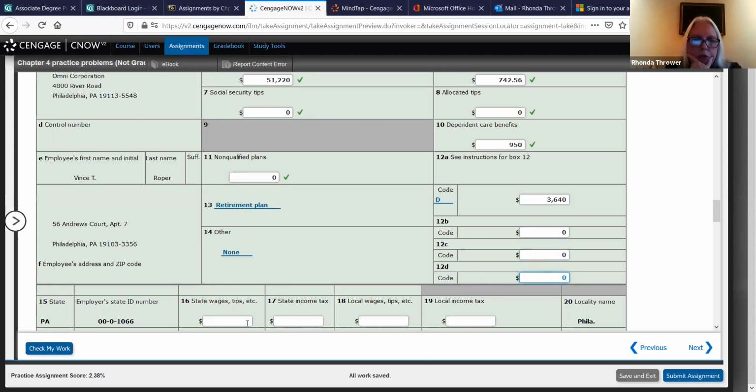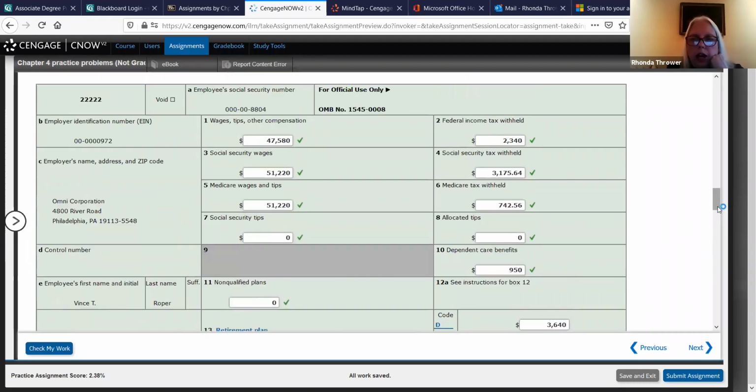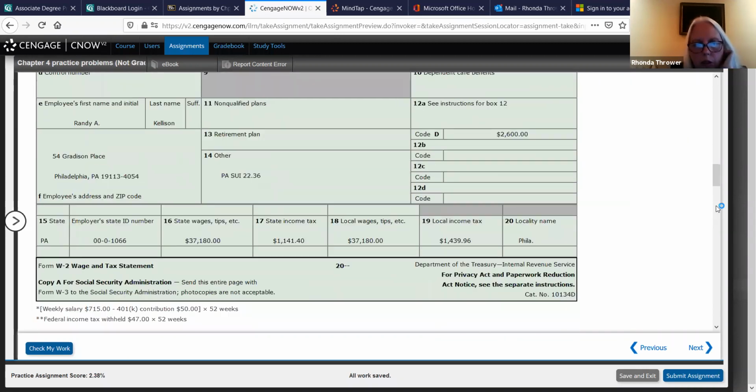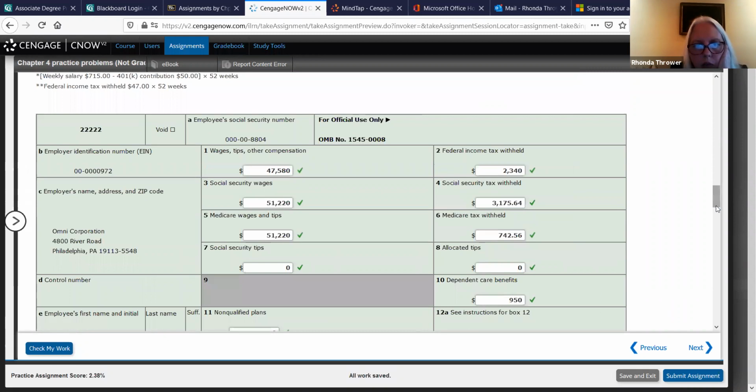And then we can go to the state wages, tips, etc. The state wages and tips will be equal to the Social Security wages, 51,220.